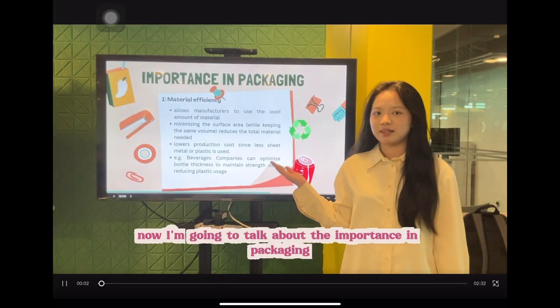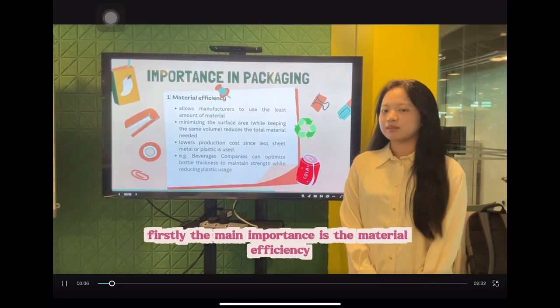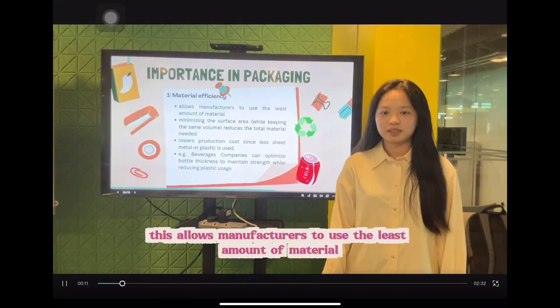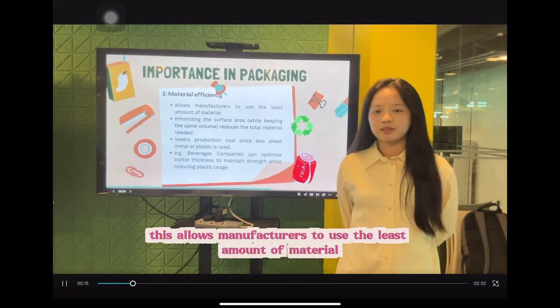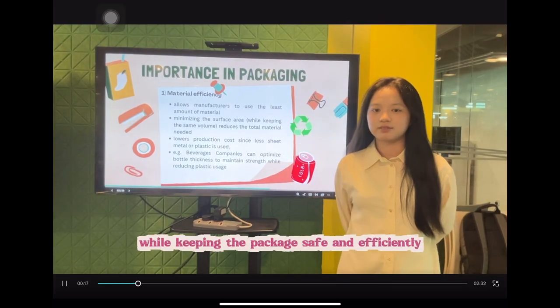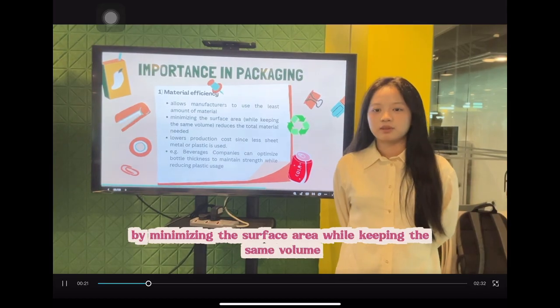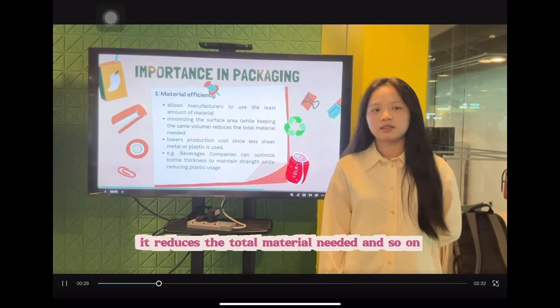Now I'm going to talk about the importance in packaging. Firstly, the main importance is material efficiency. This allows manufacturers to use the least amount of material while keeping the package safe and efficient. By minimizing the surface area while keeping the same volume, it reduces the total material needed.